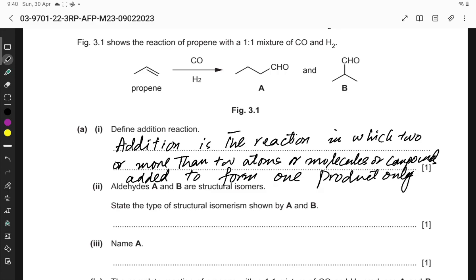If we write down CH2, this is CH3, CH3 and CH2. This is 2-methyl.